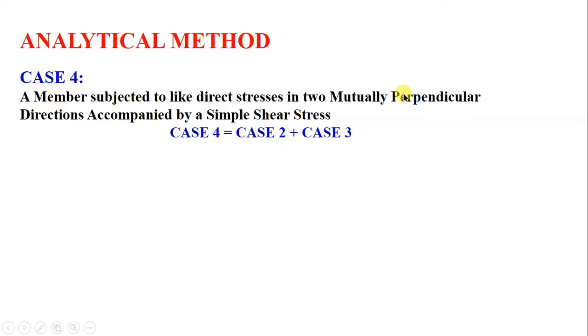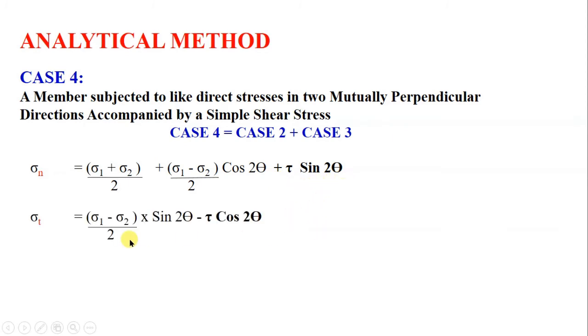So we saw in case 2 sigma n was sigma 1 plus sigma 2 divided by 2 plus sigma 1 minus sigma 2 divided by 2 into cos 2 theta. And in case 3 we saw sigma n is equal to tau sin 2 theta. Here I have mentioned it in bold letters in order to differentiate this. So the combination of 2 and 3 finally gives sigma n is equal to sigma 1 plus sigma 2 by 2 plus sigma 1 minus sigma 2 by 2 cos 2 theta plus tau sin 2 theta.